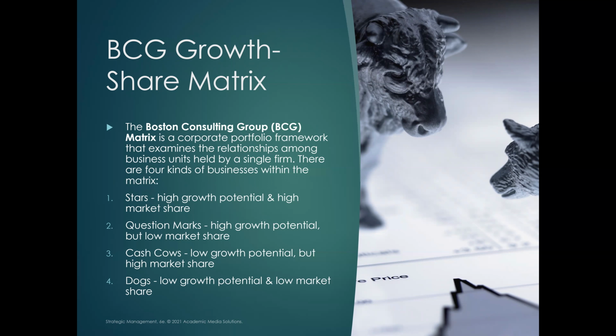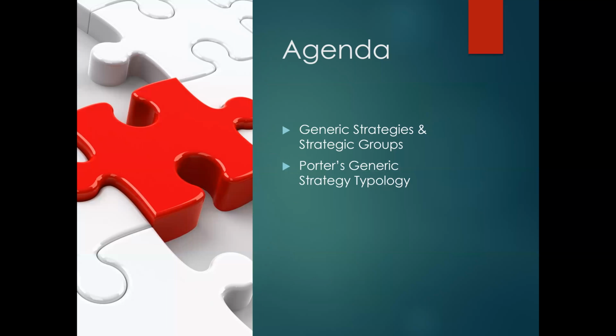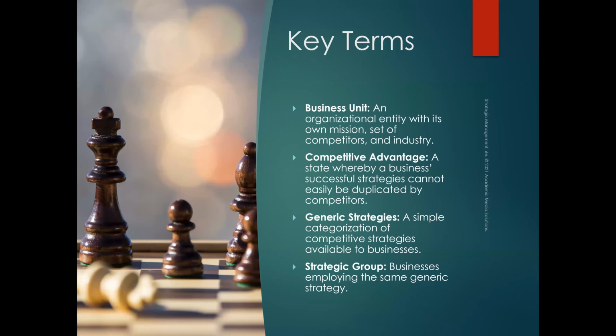Now let's switch gears and talk about business unit level strategies. We'll quickly define key concepts, then talk about Michael Porter's generic strategy typologies. Let's get started. There are four important key terms you need to be aware of for this section.